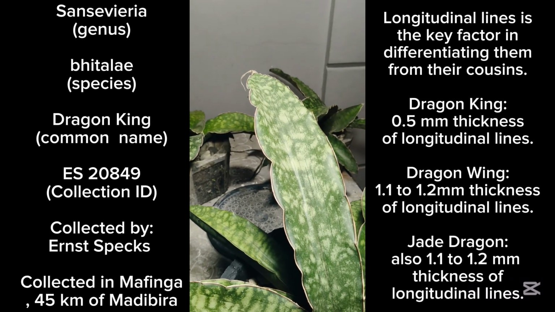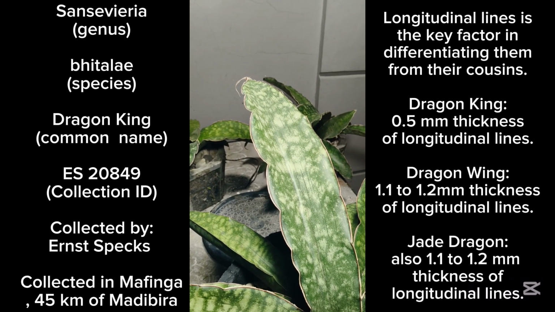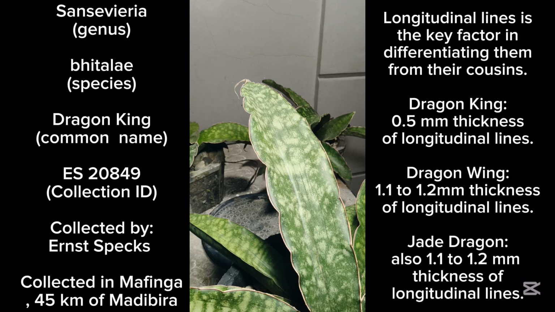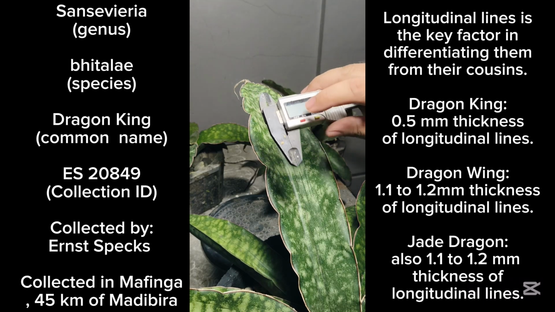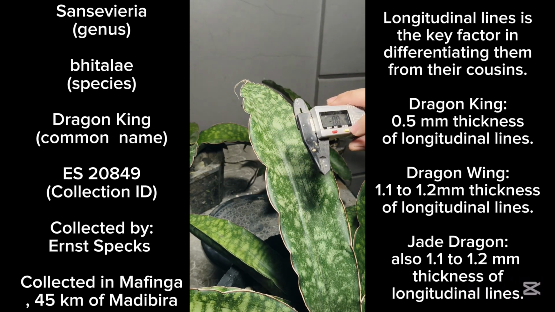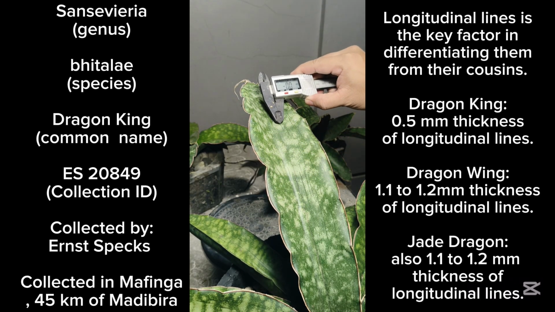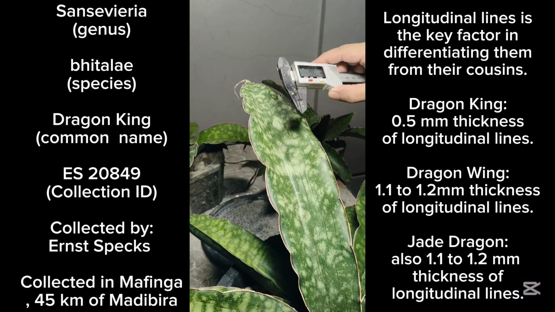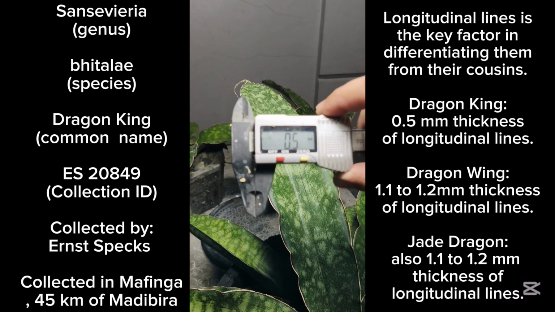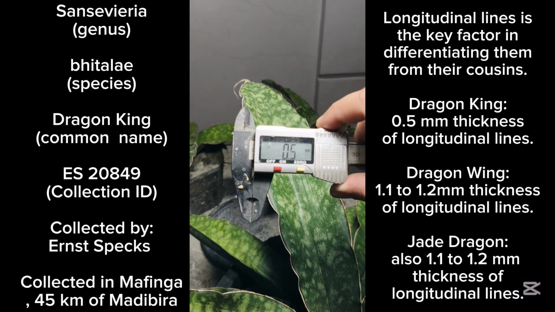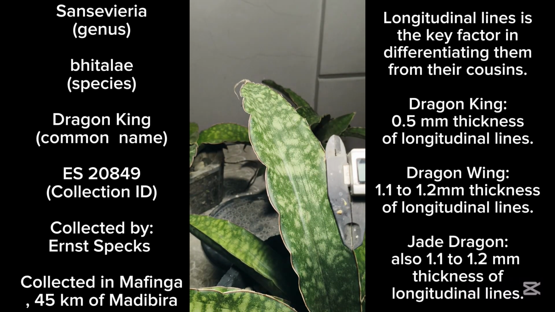Actually, I have a tool available to measure the thickness of the longitudinal lines on Dragon King. All I have to do is turn it on, set it to 0, then measure the longitudinal lines found in Dragon King. So folks, the measure of the longitudinal lines on Dragon King is just 0.5 millimeters.